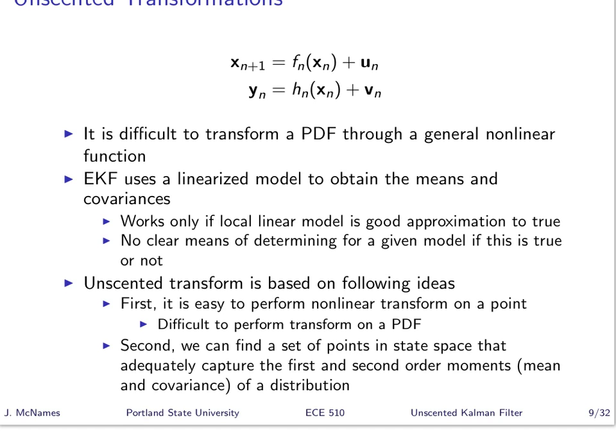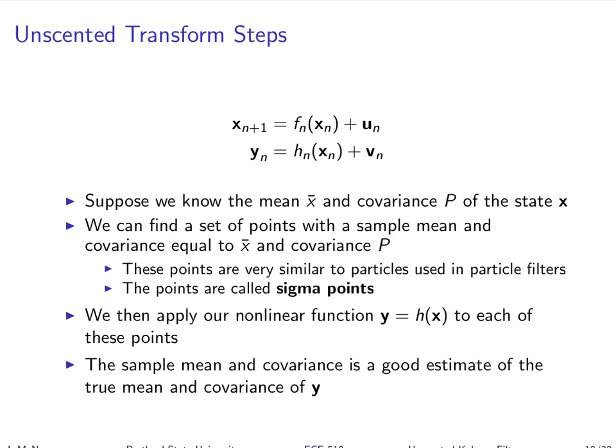So we're aiming for less, and it's possible to find a set of points that have basically the same sample mean and covariance as what we're trying to model. I haven't shown you how to do that yet, but I'll show you how shortly.